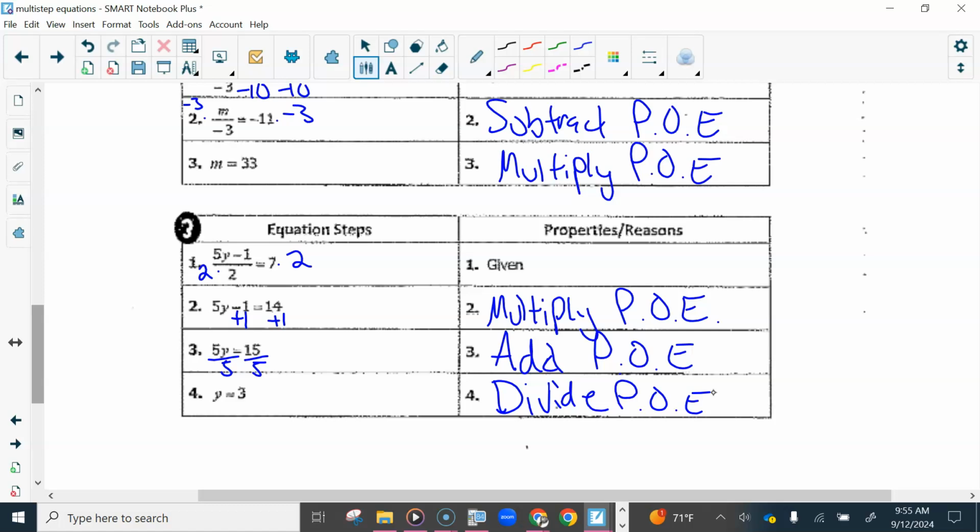This should have been what you got. They multiplied on both sides to get rid of the 2. They added on both sides to get rid of the 1. And they divided on both sides to get rid of the 5. Questions on that?